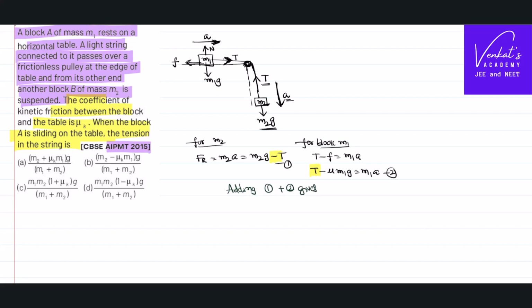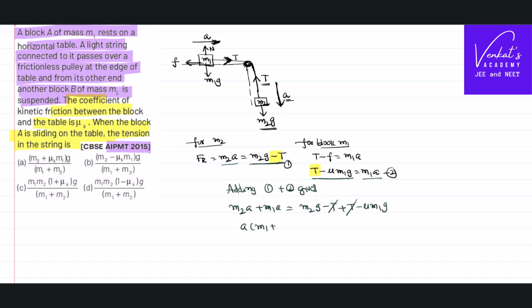On the left hand side M2A, on the right hand side M1A. So when you add both of them, M2A plus M1A on one side. On the other part of the equation, M2G minus tension in the first equation, adding, that means plus T minus mu M1G. So these tensions get cancelled.